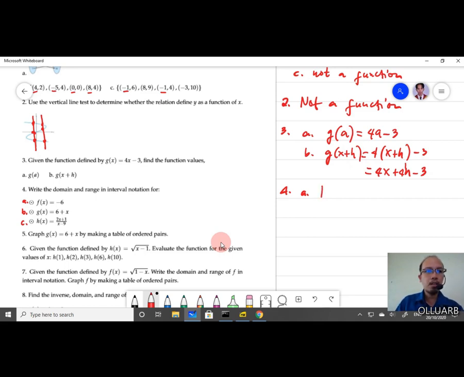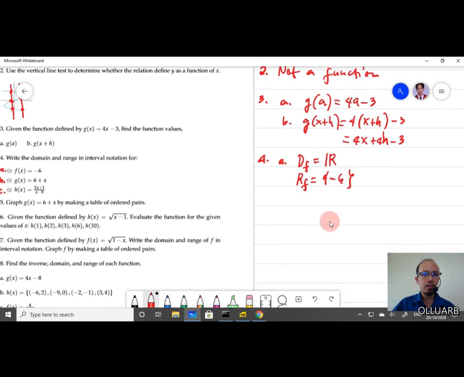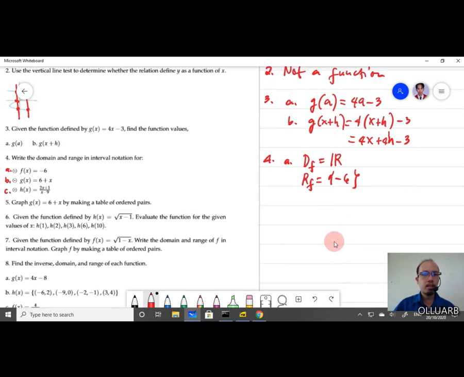So our domain, D sub f, is the set of real numbers, while the range is, as you can see, the set containing the element negative 6.